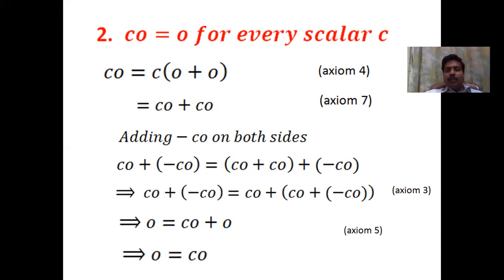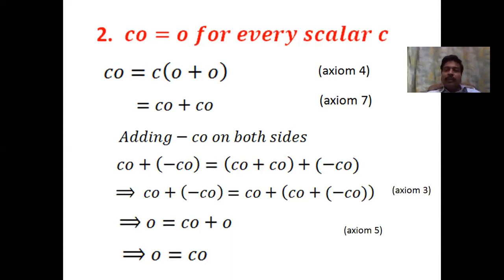So we can conclude that cO is equal to O for every scalar c. That is, even if you multiply the 0 vector with any number, any scalar, ultimately you will get the 0 vector only, just like ordinary 0 in real numbers. So in any vector space, that 0 may be sometimes water, sometimes air.